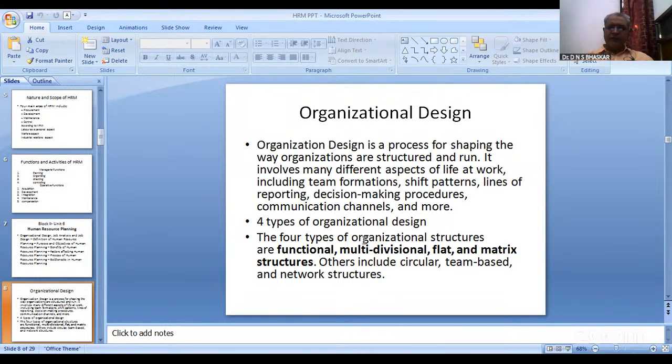So the actual organizational designs: there is the functional organization structure, and the multiple divisional structure, where a company may manufacture different types of products in divisions, say for example Samsung.